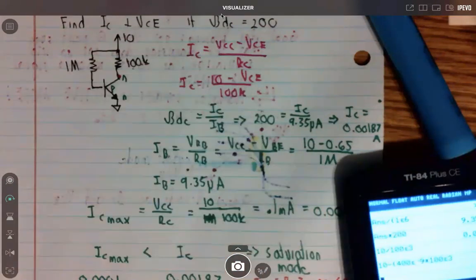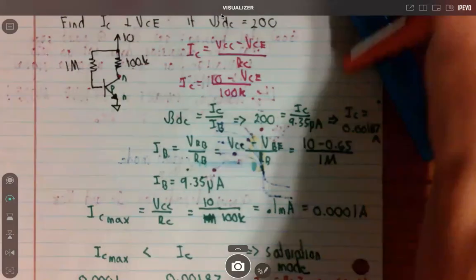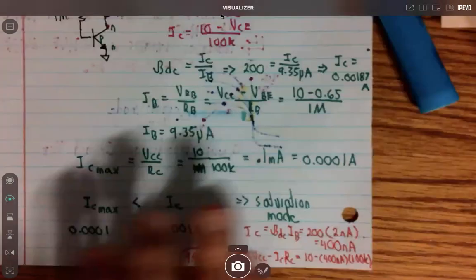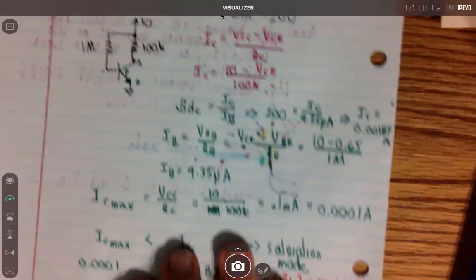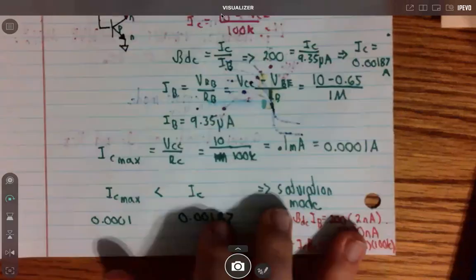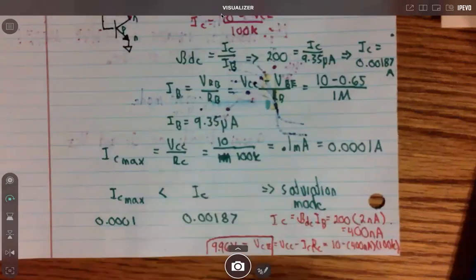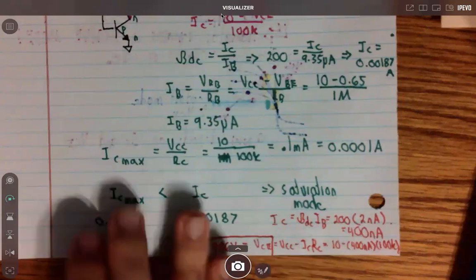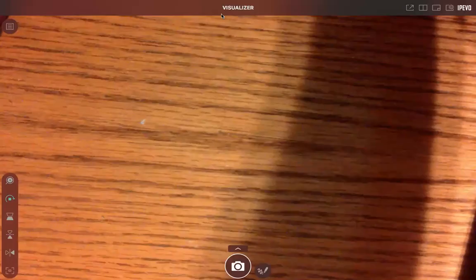And so now that we got those two values, that shows you when it's in saturation mode. Now let's do one in active mode for a contrast to this, just to see what different values we should get. And so going to another example here, let's just do the one next to it. I believe that one was active mode.